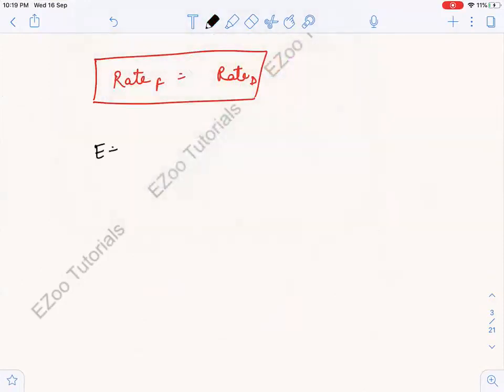हमने लिखा था E plus S, K1, K minus 1, enzyme substrate complex is equal to enzyme plus product. अब हम रेट ऑफ फॉर्मेशन को अगर देखें तो इसमें हम क्या देख सकते हैं?